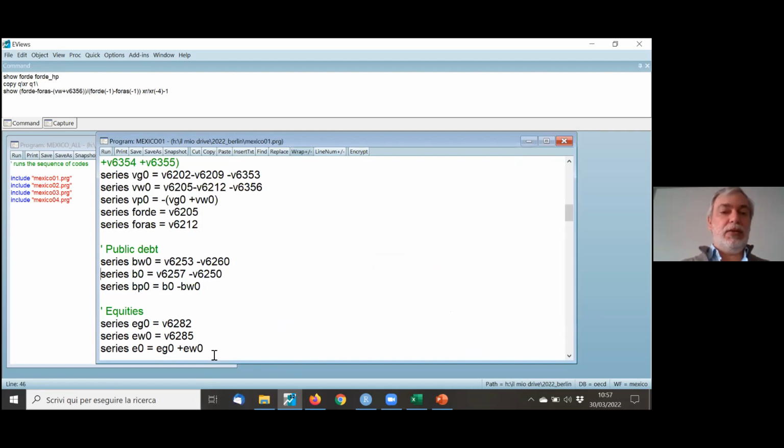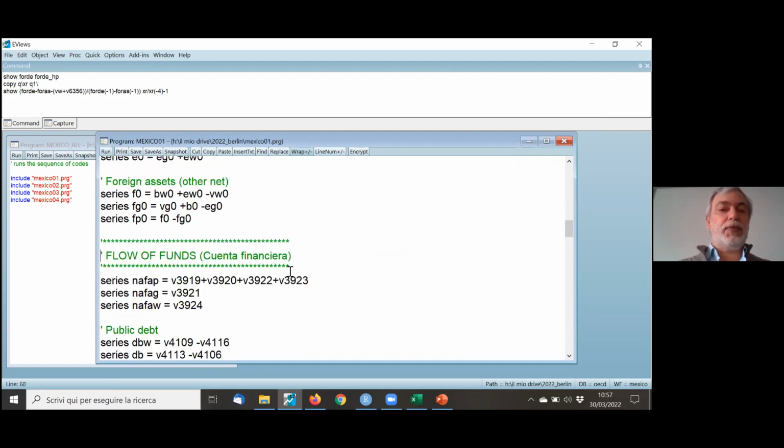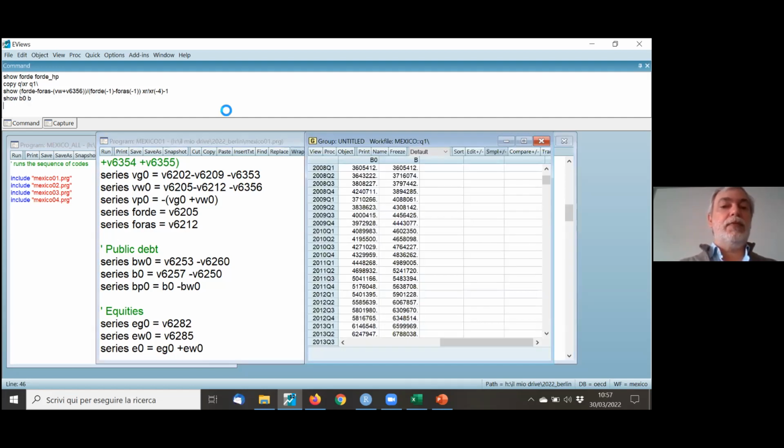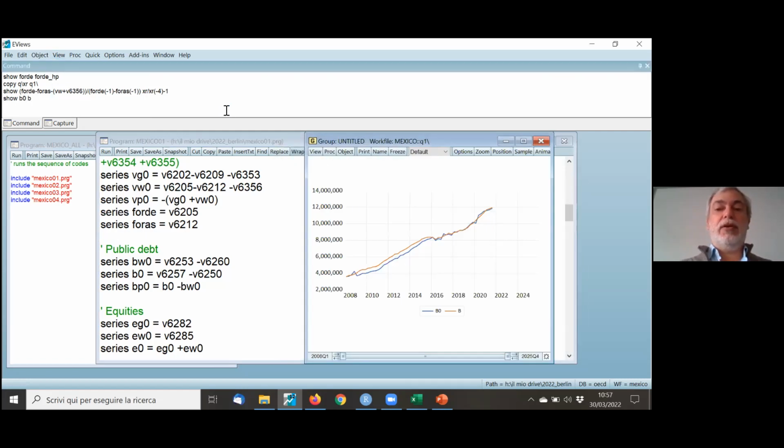So government bonds are in lines B6 to 5-7, and we already constructed the series at historical costs.